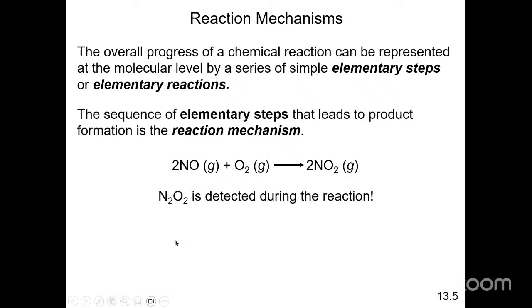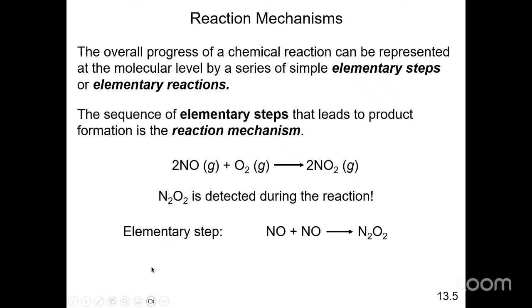Whatever mechanism one proposes must take into account the formation of this detected substance. So one can come up with a mechanism which accounts for this and also for the overall reaction, which involves two nitrogen monoxide molecules reacting to form dinitrogen dioxide. That explains the fact that this is detected.